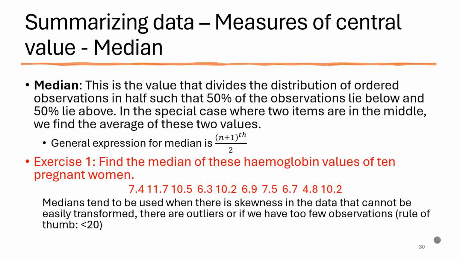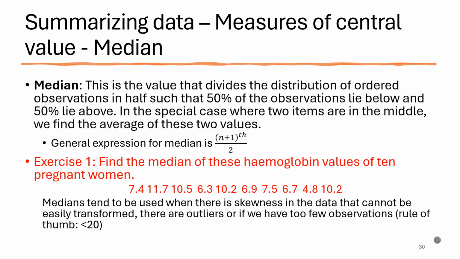If it's positively skewed, plus or minus 1.96 will be different on the right compared to the left, right? So the median in this case is the value that divides the distribution of the ordered observations in half, such that 50% of the observations lie below and 50% lie above.